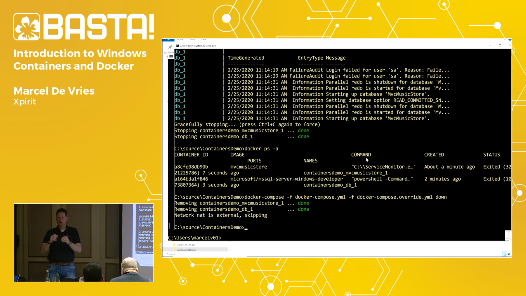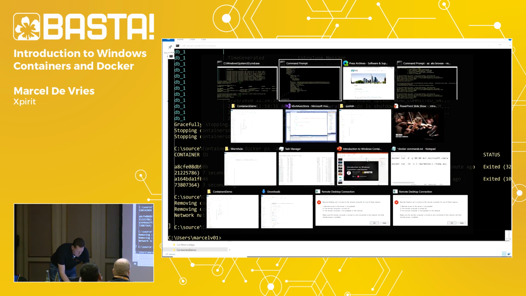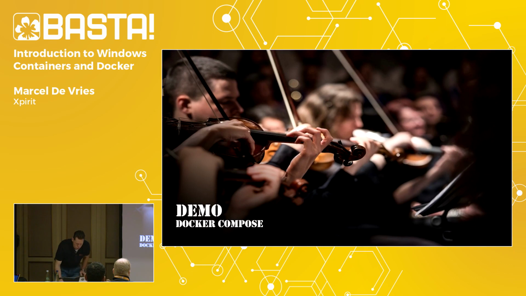I can then give it the name of what I would like to scale, and it will create multiple instances of that. So that way I can very easily scale to multiple container instances if I would like to have more requests being handled all the time. So that's the way we can use the compose commands to manage multiple instances of containers.